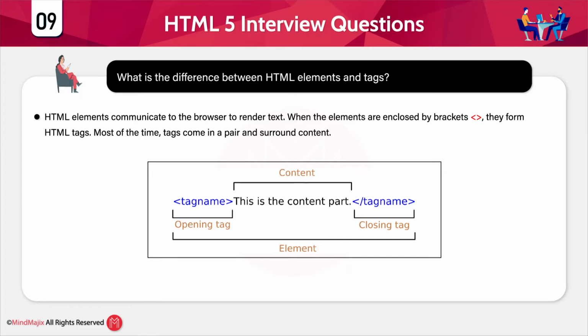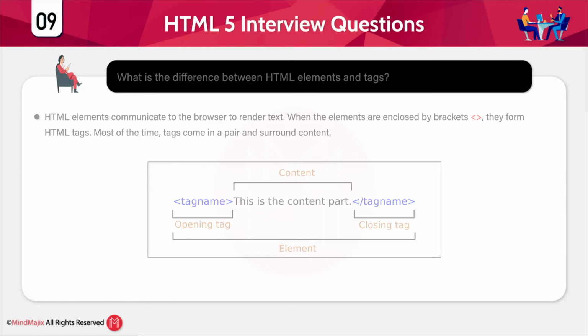Most of the time tags come in a pair and surround the content: the opening tag, followed by the text content to be displayed on the web page, followed by the ending tag. That's why most of the time tags come in pairs. HTML is an element, and the opening and closing of the HTML with the text in between is a tag.